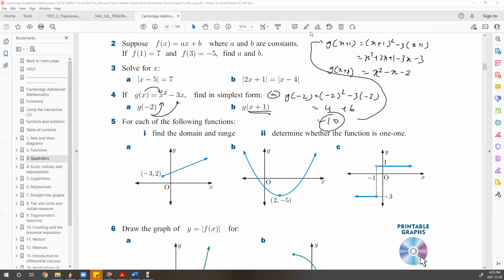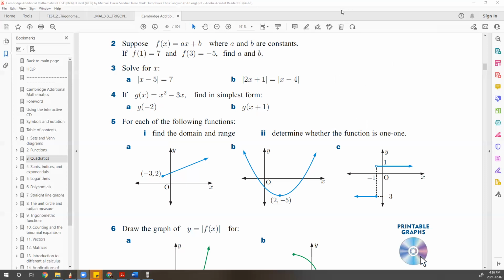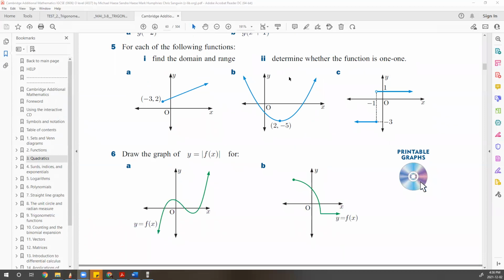Now, number 5. Domain and range. What is domain? Domain is the x, range is the y. But we need to understand about the nature of the curve. If we have the point here on the left side, as you can see here, it is a ray.